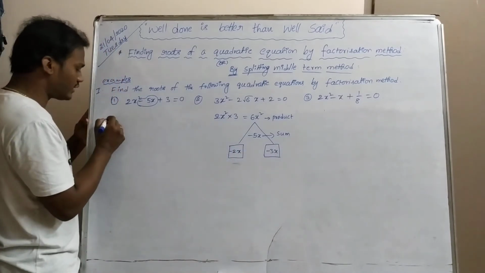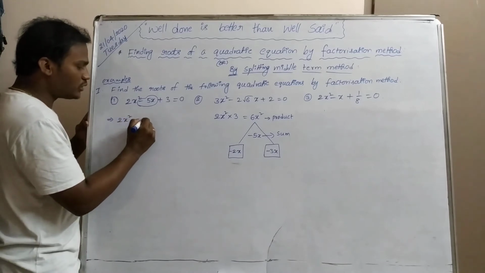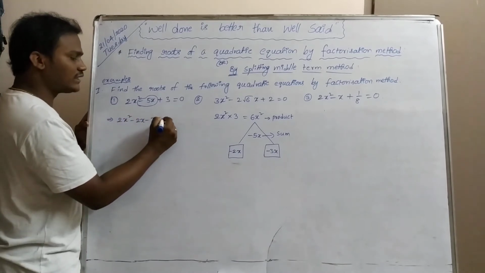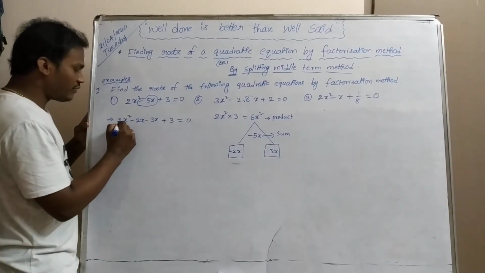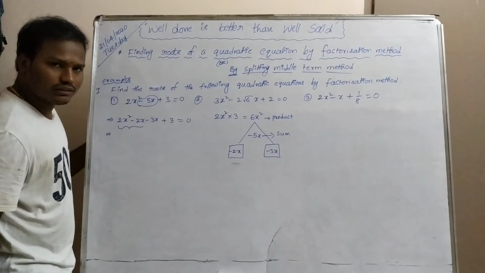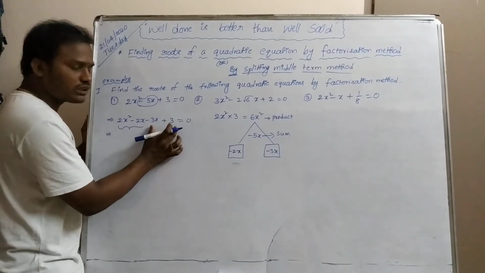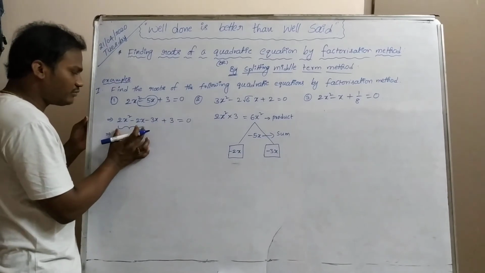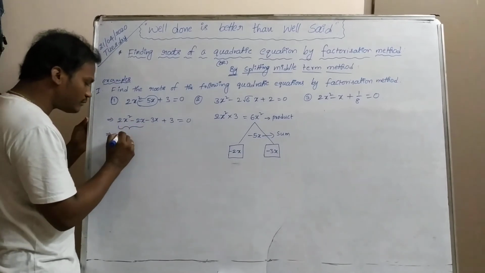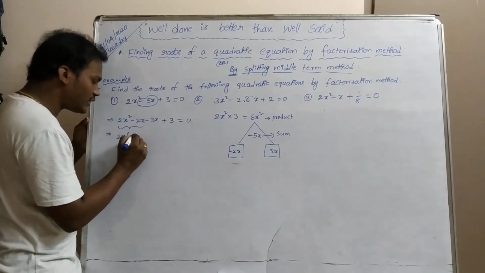Let's split the middle term. What do we get from here? 2x square minus 2x minus 3x plus 3 is equal to 0. Now in the first two terms, we should take the common factor, and in the next two terms, we should take the common factor. In the first two terms, 2x is common. What remains in the first term? x.